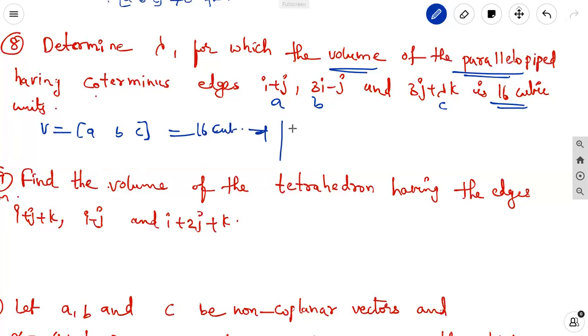That is the determinant of 1, 1, 0, 3, minus 1, 0, 0, 3, lambda equal to 16. You get the lambda value after taking the determinant of the left side and simplifying. It is also for homework.